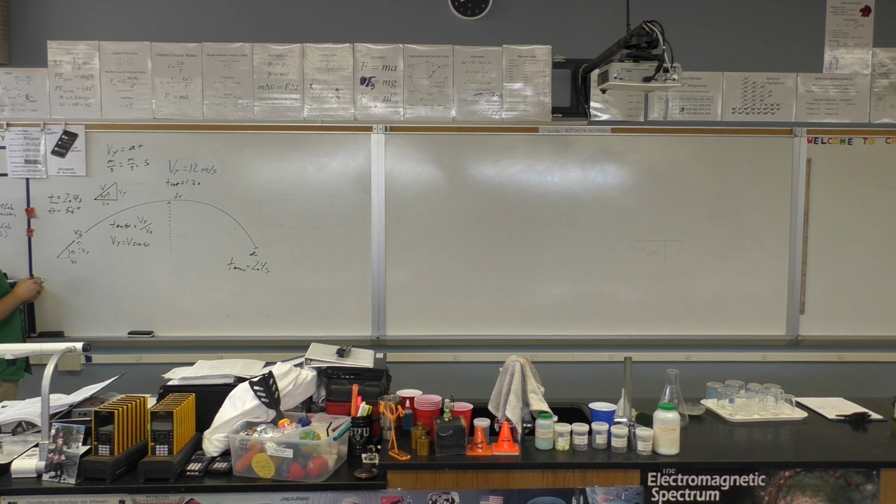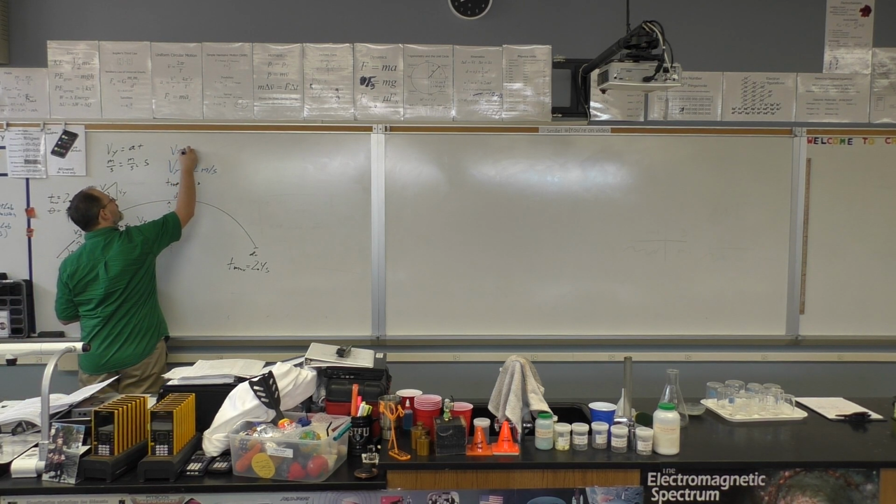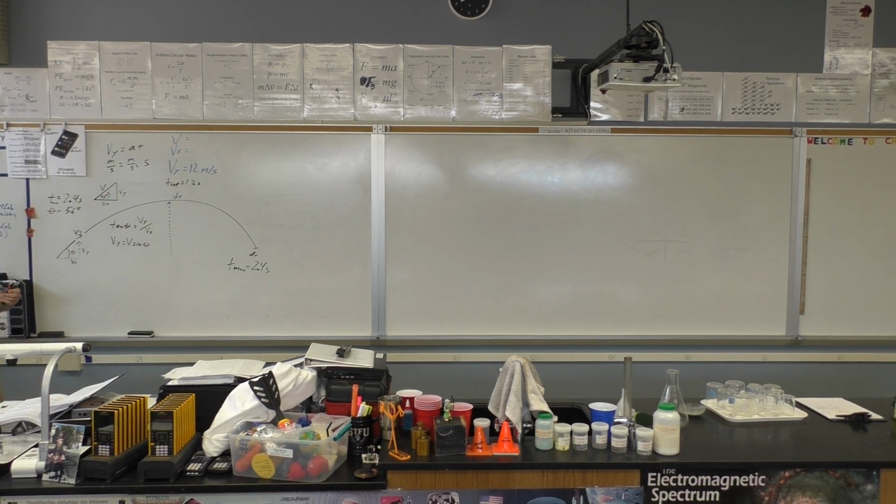You can use those relationships. So this will allow you to find V and Vx. We're going to find Vx and V. You can basically pick and choose, as long as the numbers make sense to you.